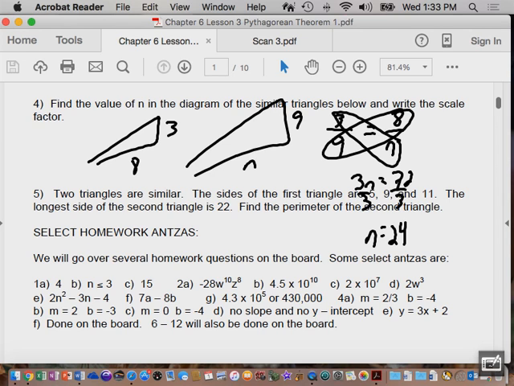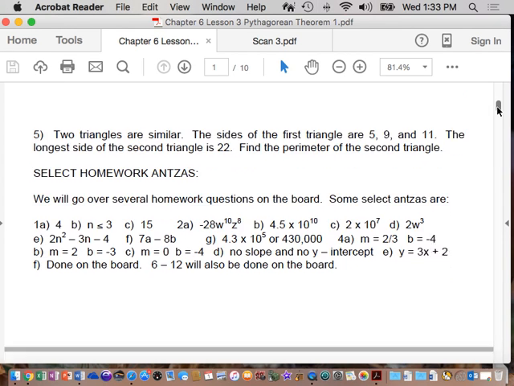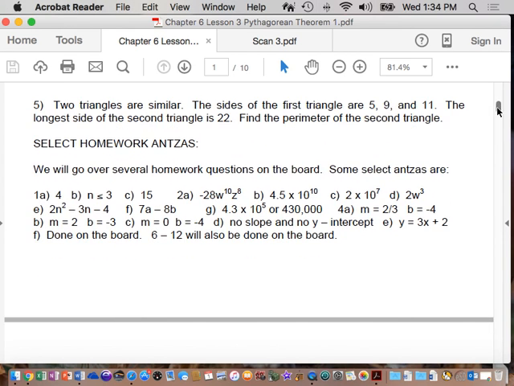Okay, now we get to the fifth question, also about similar triangles. Two triangles are similar. The sides of the first triangle are 5, 9, and 11. The longest side of the second triangle is 22. So that means the 22 matches up with the 11. Now, yesterday, we talked about the ratio of similitude. Frankie, you did that really well.